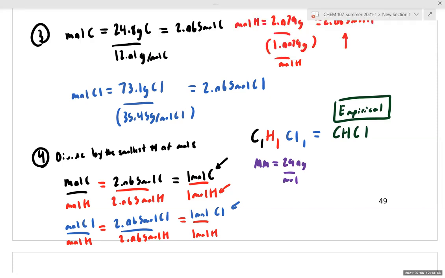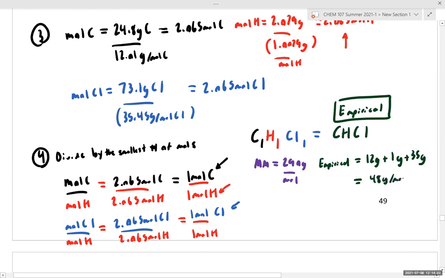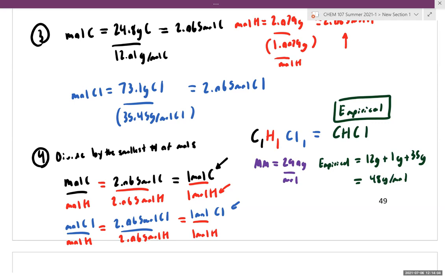We can calculate our empirical mass by taking the mass of carbon plus the mass of hydrogen plus the mass of chlorine. Adding this up, we have an empirical mass of 48 gram per mole.